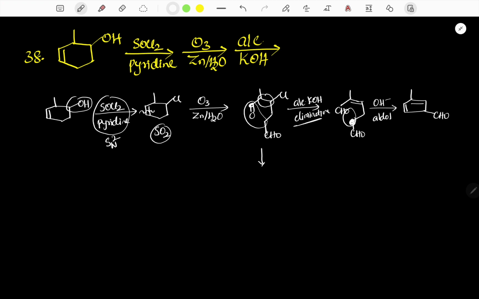First aldol condensation, and then in the presence of base, elimination.